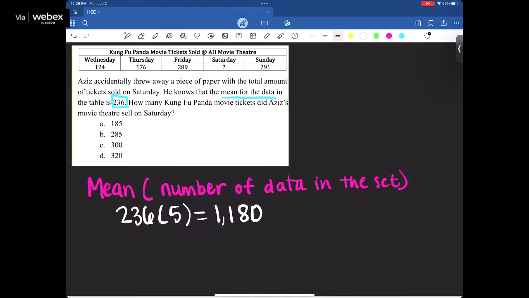Notice that I've used parentheses here and here. Parentheses can be used to signify multiplication. The next step is to find the sum of all the numbers in the data set.